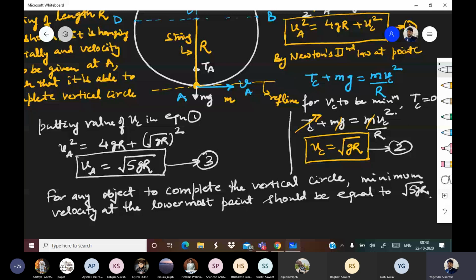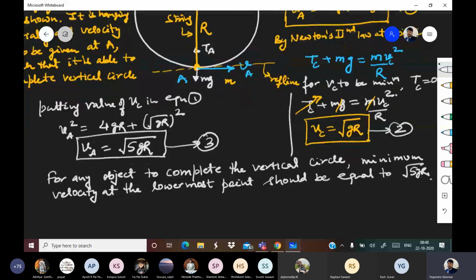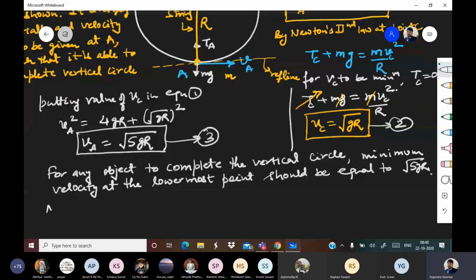So at point A, by Newton's second law, we can write TA minus mg is equal to mVa square by r.